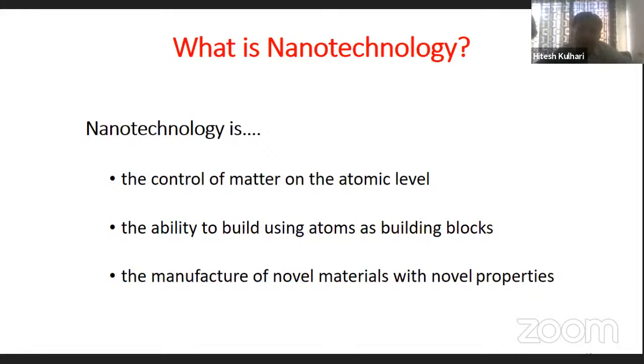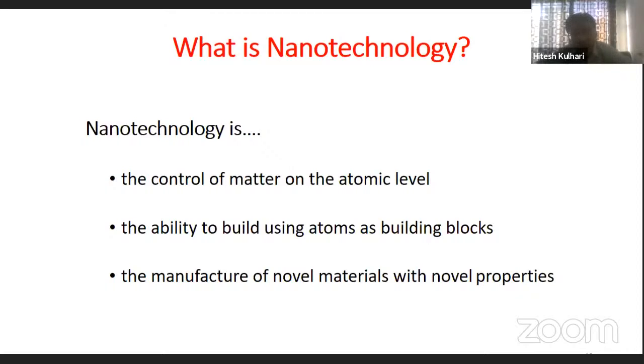Second, nanotechnology has the ability to build using atoms as the building blocks. We can collect several atoms and then combine them to form a material. And next, nanotechnology is the manufacture of novel materials with novel properties. Once you decrease the size from the millimeter to the micrometer and then to the nano level, the properties are totally different.